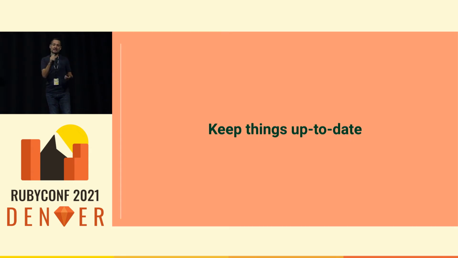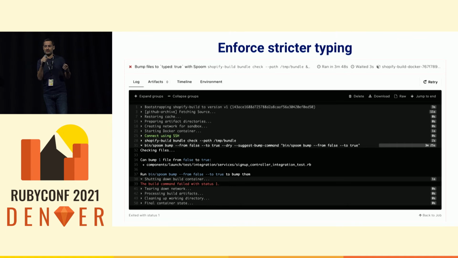We also realized that it's very important to keep things up to date automatically or to force people to keep things up to date. We have various CI processes that make sure that things are synchronized. For example, this is a screenshot from one of our CI checks that makes sure that all the files are at the highest strictness level that they should be at.